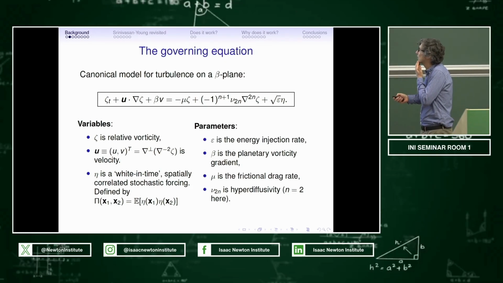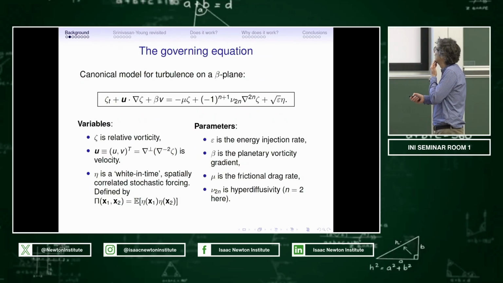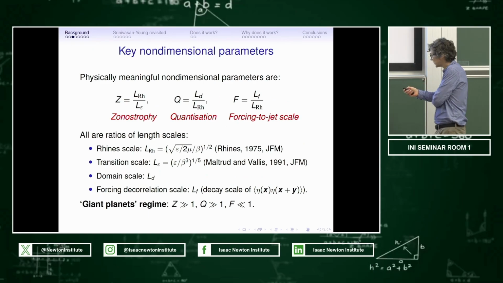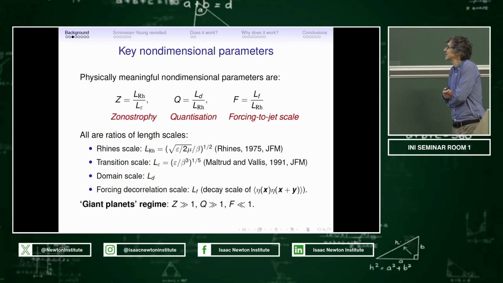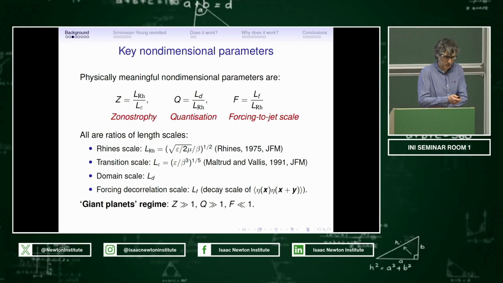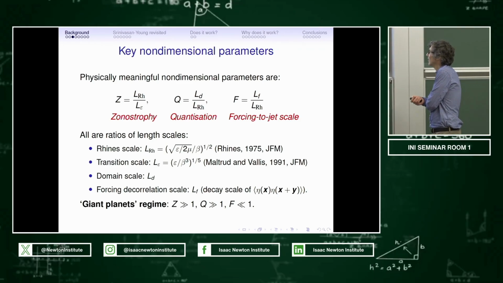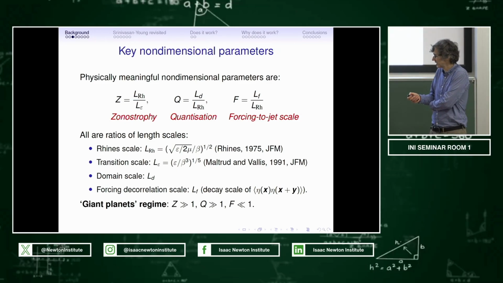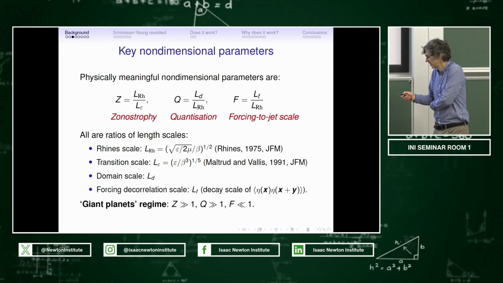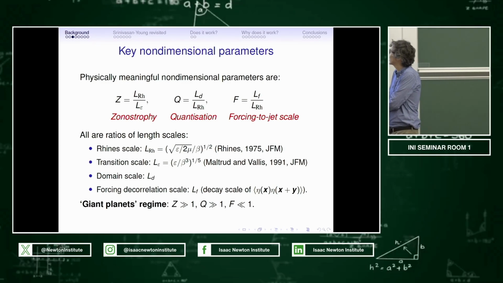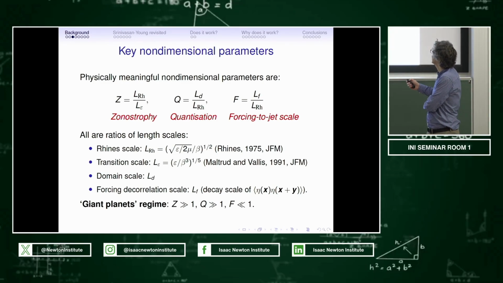Let's first talk a little bit about how one understands the effect of the parameters in the model. There are lots of ways of non-dimensionalizing it, but the most important non-dimensional parameters to think about, in our opinion, are these three, and they can all be interpreted as ratios of length scales.